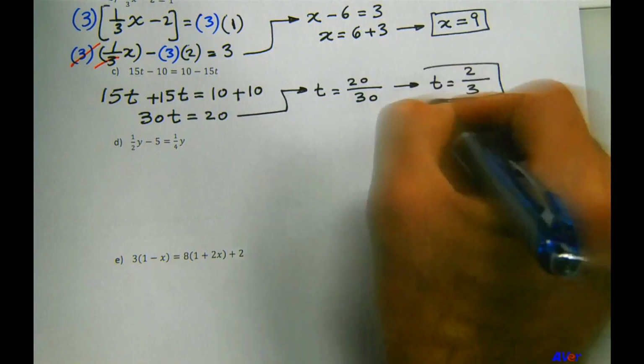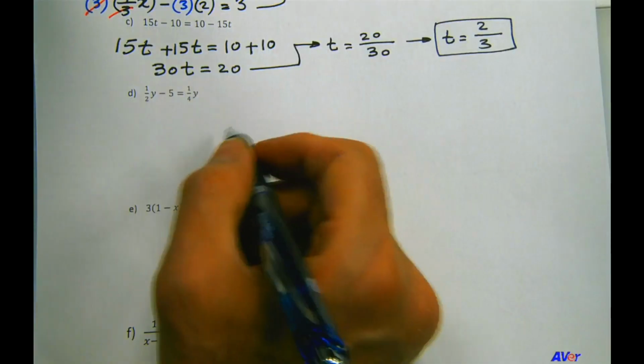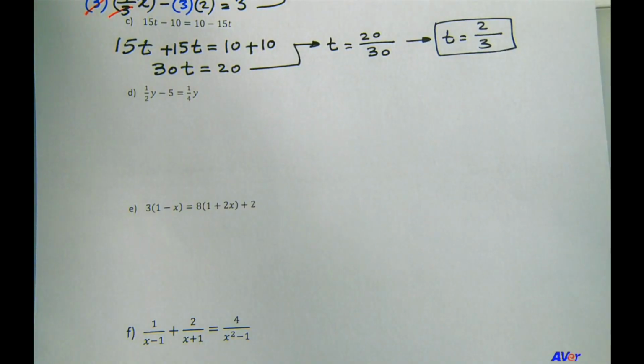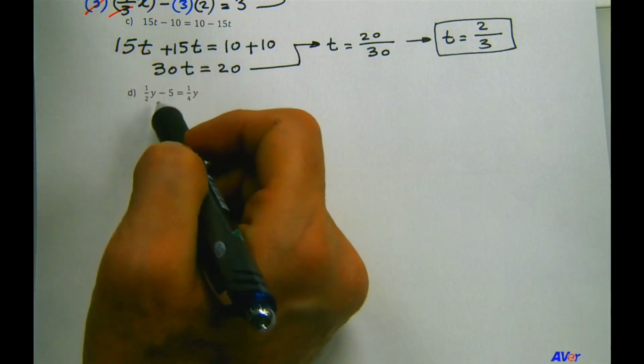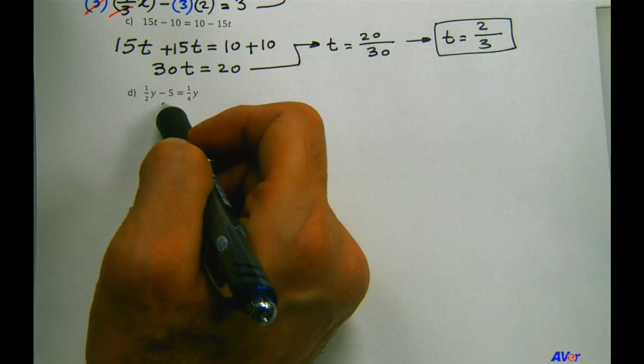2/3. Okay, so this one, part D, we have two fractions. So we need to multiply both sides of this equation by a single digit that would get rid of both fractions at once.